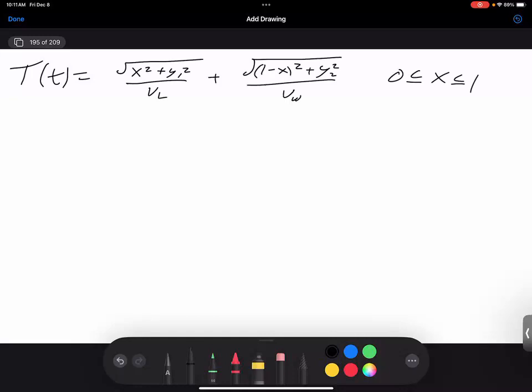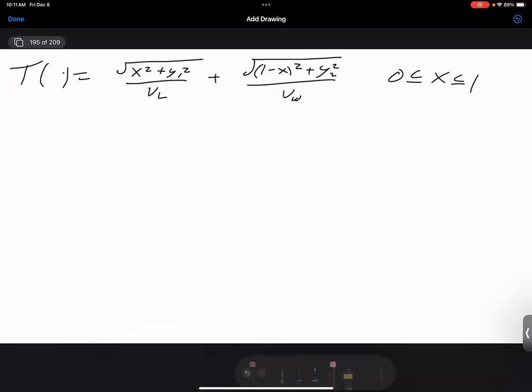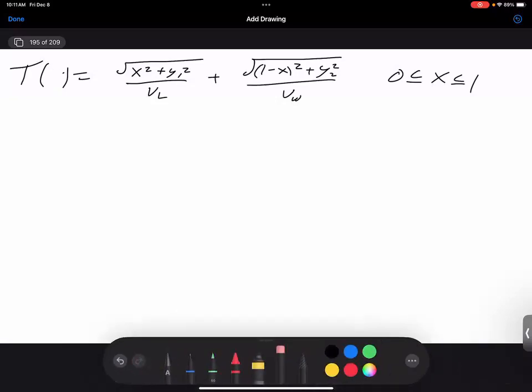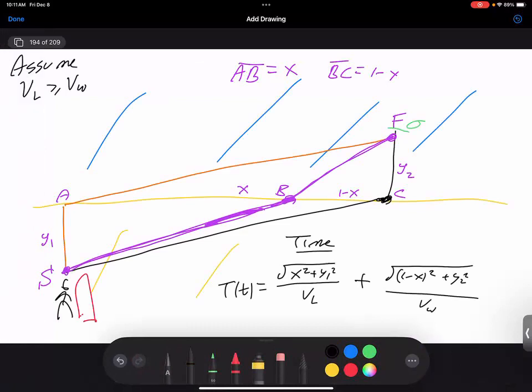Take some derivatives. So what do we do? So tell me exactly what I need to do. Take some derivatives is not specific enough. Okay. Oh, that's right. I should be calling it this, right? This is a function of x, not of t. I'm sorry. Okay, so I want to take the derivative with respect to x.